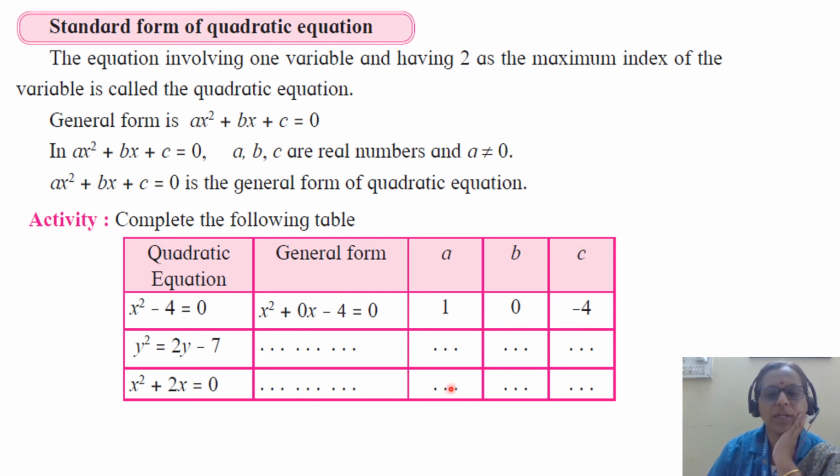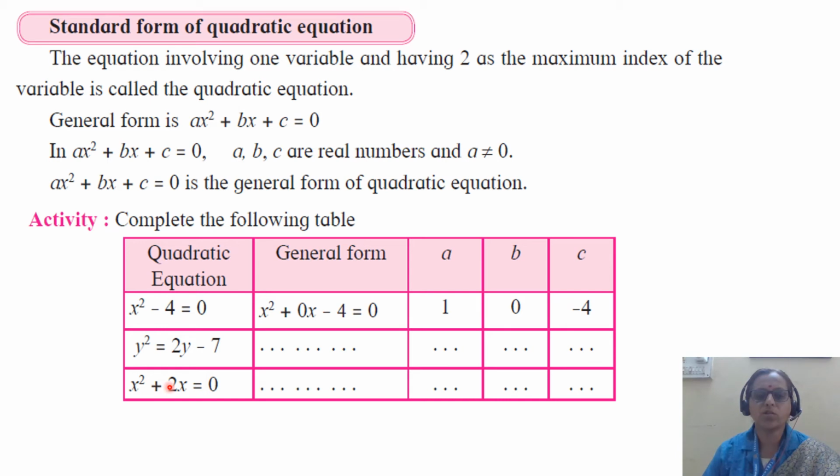Likewise, y square is equal to 2y minus 7. Write it in general form, y square minus 2y plus 7 is equal to 0. So value of a is 1, value of b is minus 2 and value of c is 7.